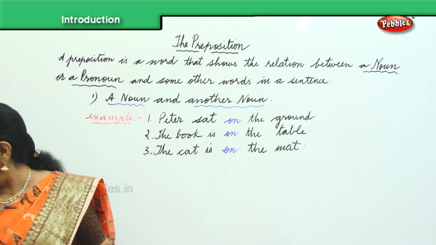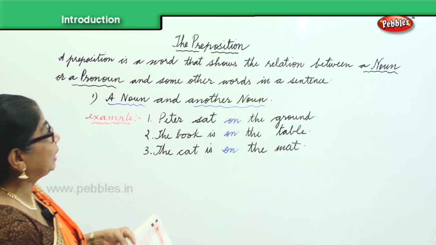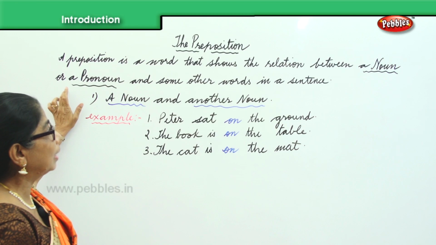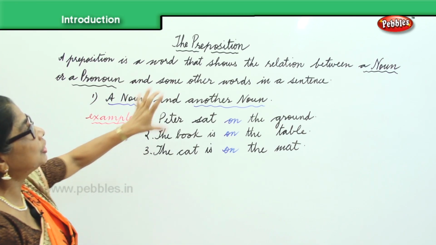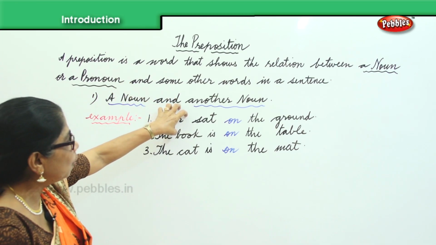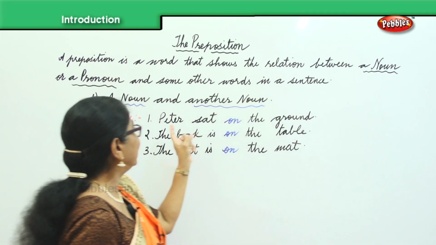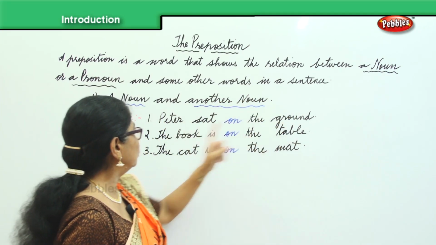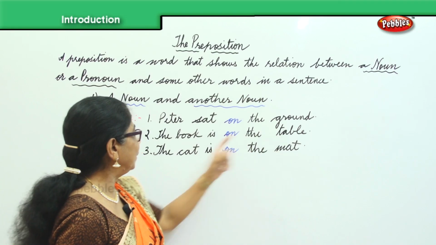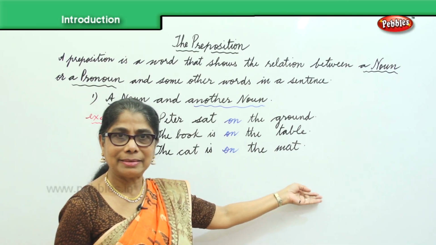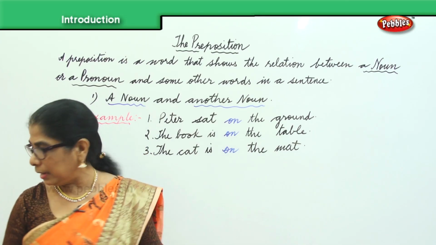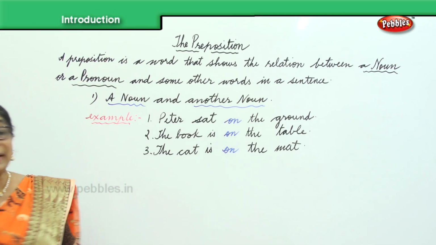Preposition is the word that shows the relation between a noun and a pronoun. And in these sentences, it shows the relation between a noun and another noun. Peter, ground. Book, table. Cat, mat. Okay? So, relation between a noun and another noun.